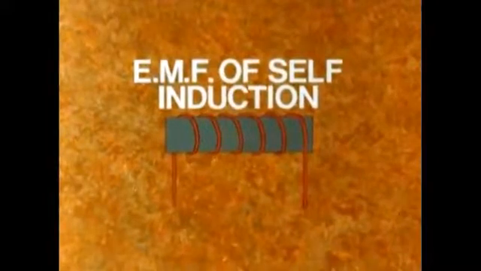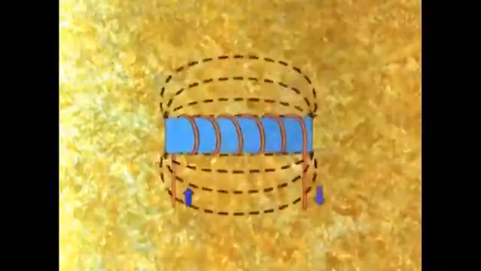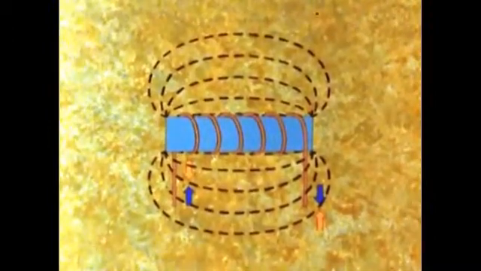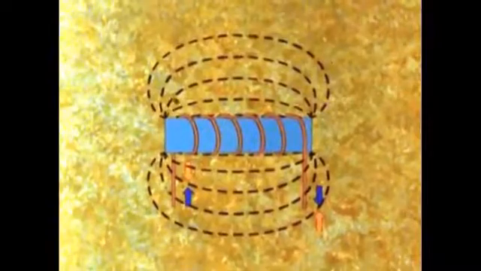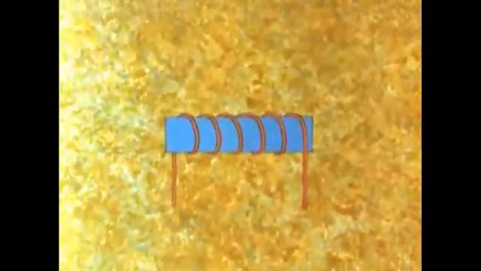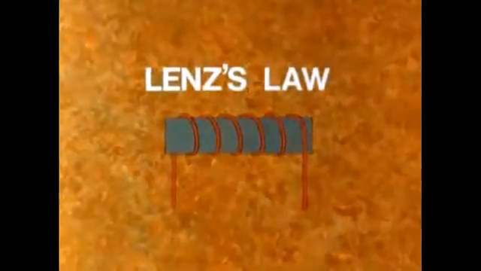An important feature of this EMF is that it will always try to stop the change happening. When you switch on, the induced EMF opposes the buildup of the field, slowing it down. And when you switch off, it tries to keep the field going. This is an example of Lenz's law.